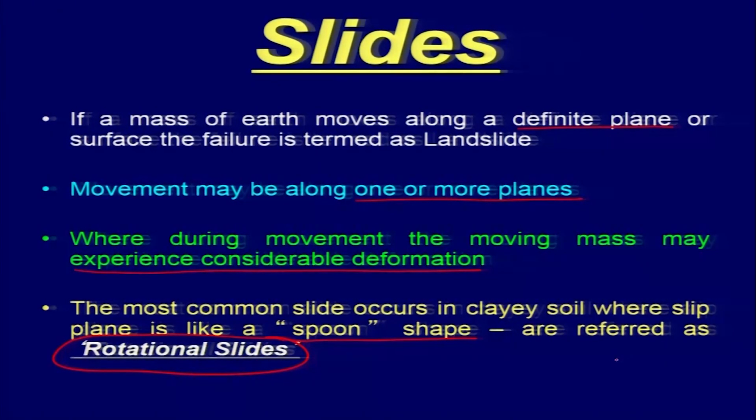The reason is that when there is a mass movement, suppose you have a slope here, and the movement is going to take place along a definite plane, then you have this movement, and the material which is moved along this plane will have deformation over here. So, this will be a spoon shape scar, and this scar or the plane will be visible sometimes, otherwise it will be hidden.